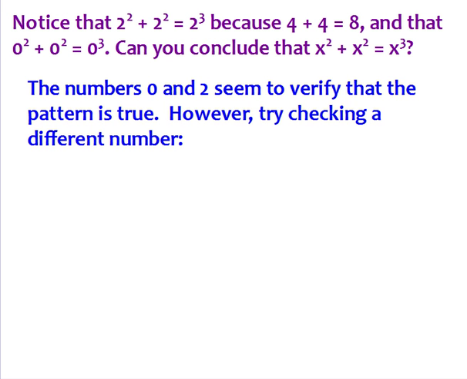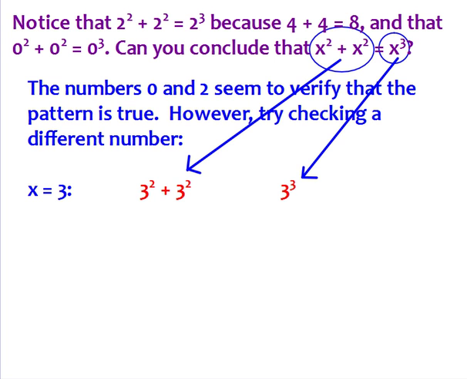So let's think about this. The numbers 0 and 2 seem to verify that the pattern is true. However, let's try checking a different number. I'm going to check x equals 3 again. I like checking with 3. So we plug it in, 3 squared plus 3 squared, and 3 cubed. Notice that these come from the left and right hand sides of this pattern.